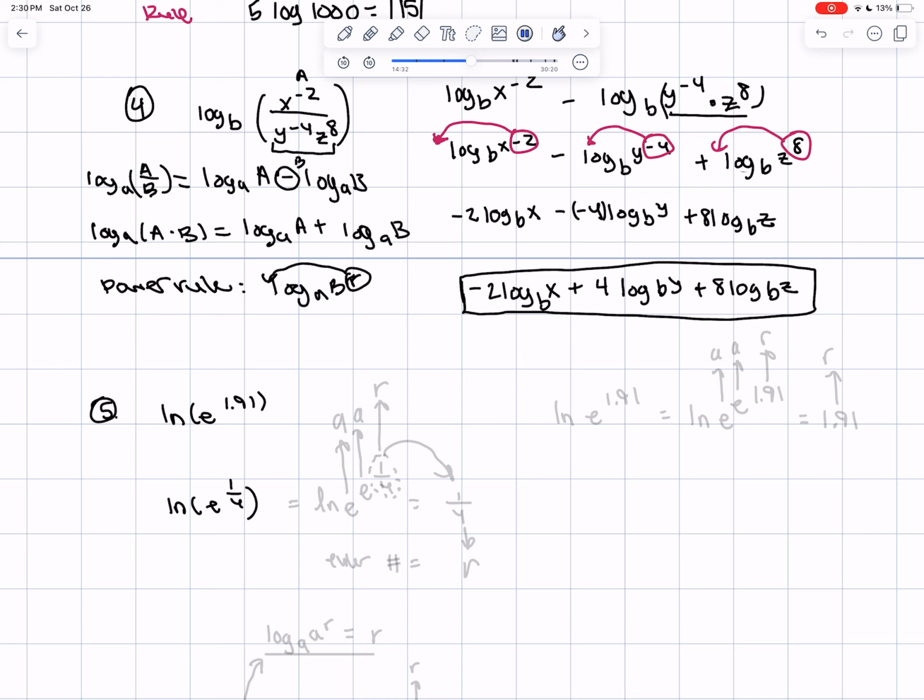We know we can write this also as a log, but for now I'm going to keep an ln and I'll change it the other way. So ln e, well, if we're trying to find what the number is raised to, we have to use an e again. e to the 1/4. Well, if it's the same, we know our answer is just going to be 1/4.